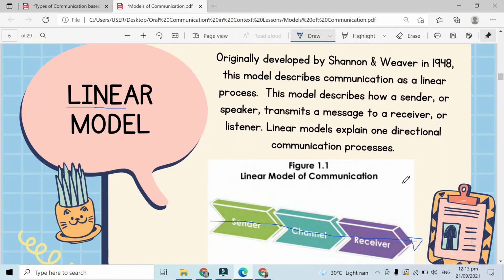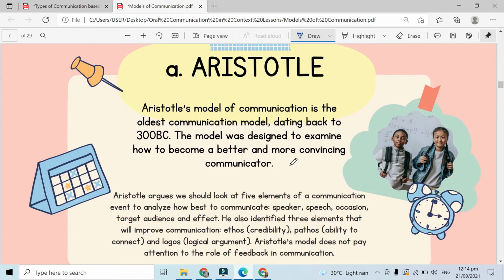So linear models explain one directional communication process. Under this, we have the oldest model of communication, Aristotle's model of communication, dated 300 BC.